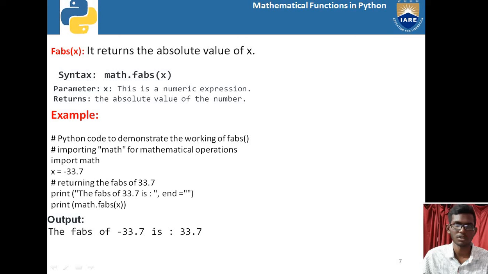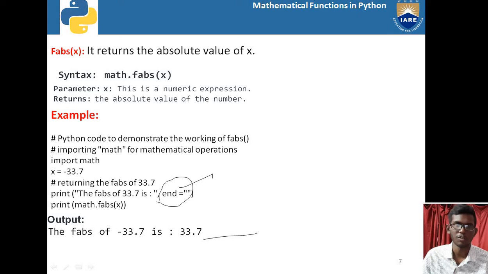Now we see this, we get the value as a positive number, so it converts negative numbers to positive numbers. This is fabs. Here we are using math.fabs. Math.fabs means an inbuilt function. When we give math.fabs, it goes to the math module and takes from those formulas and gives the value. In this line we are using the end argument.